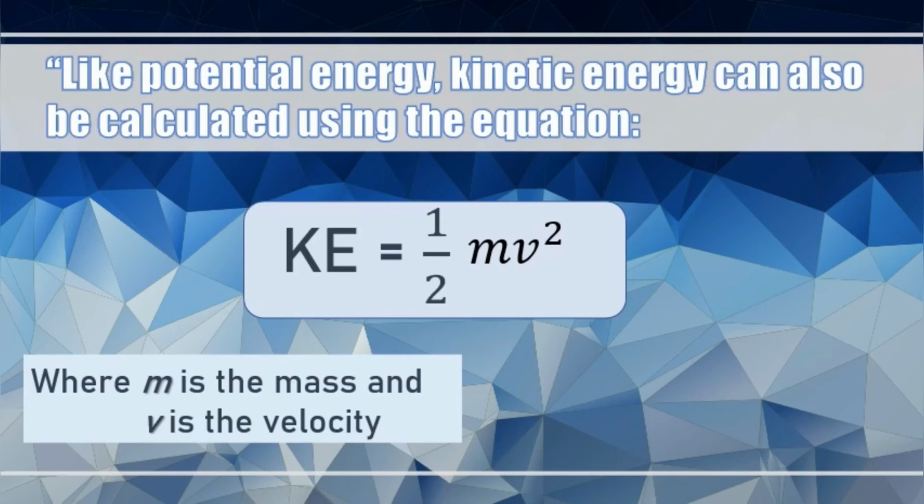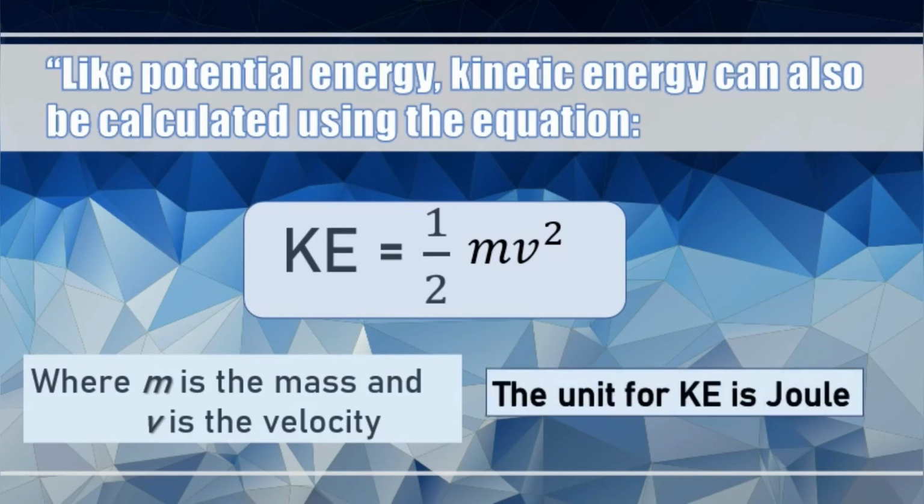The 2, which is the exponent here, means you should square the given velocity before getting the final answer. The unit for KE is joules also. Okay, remember that. Potential energy, kinetic energy and work have the same unit.